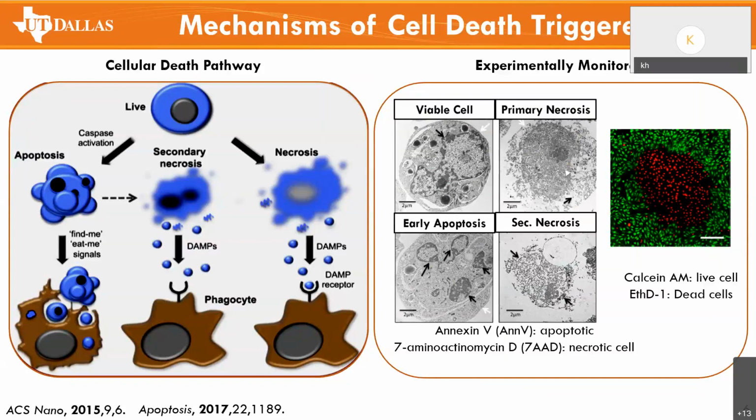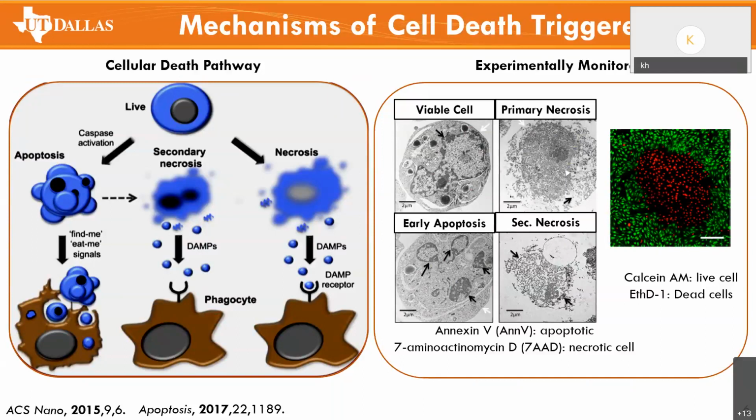But how do we indicate the dead cells? We can use ethidium homodimer, which is impermeable to cells with an intact plasma membrane. But when a cell loses its membrane integrity, it can permeate the cell and bind to DNA, and after binding, it emits a strong red fluorescence.